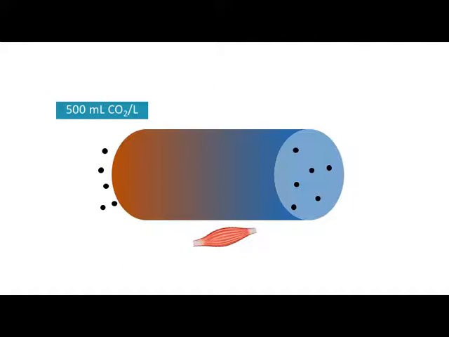Well, let's say 500 mils, each one of these dots still is 100 mils of a gas per liter of blood. This is now 500 mils of CO2 per liter of blood. There's 5 on the arterial side just to keep the numbers consistent. If the muscle is adding one bolus, 100 mils of CO2 per liter of blood, then on the venous side we have 600.